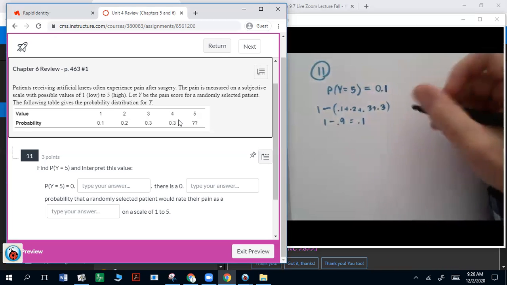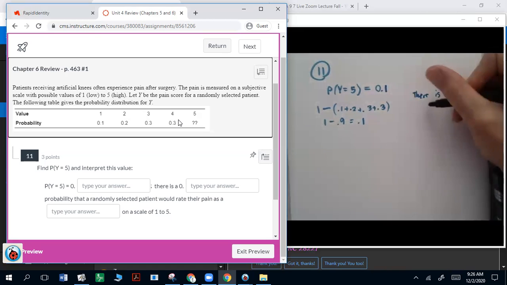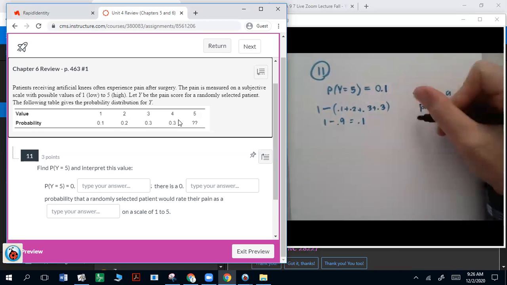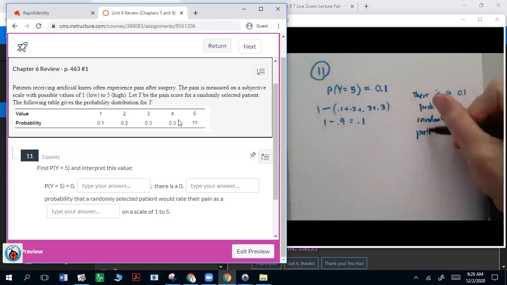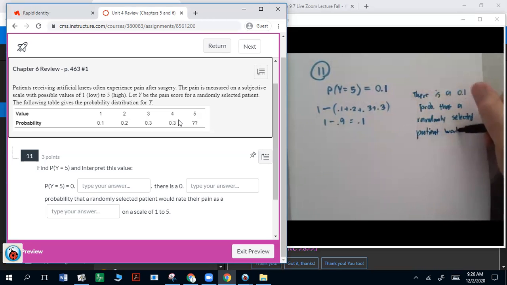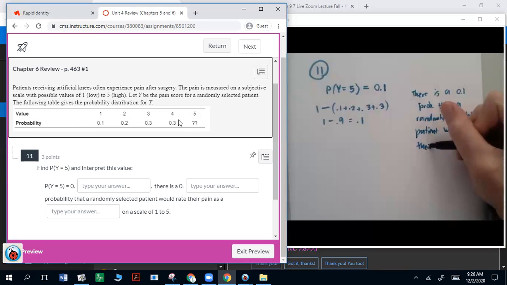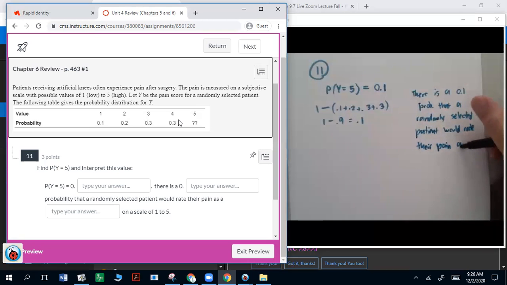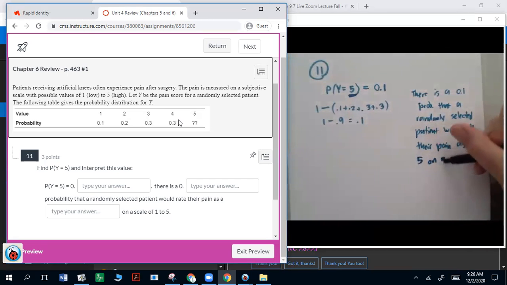So what that means in context is there is a 0.1 probability that a randomly selected patient would rate their pain, his or her pain, as a 5 on a scale of 1 to 5.